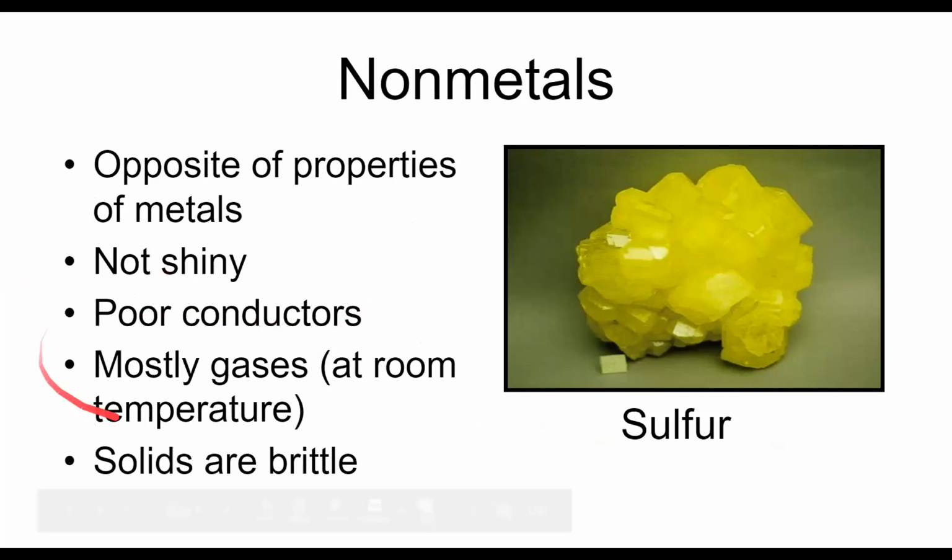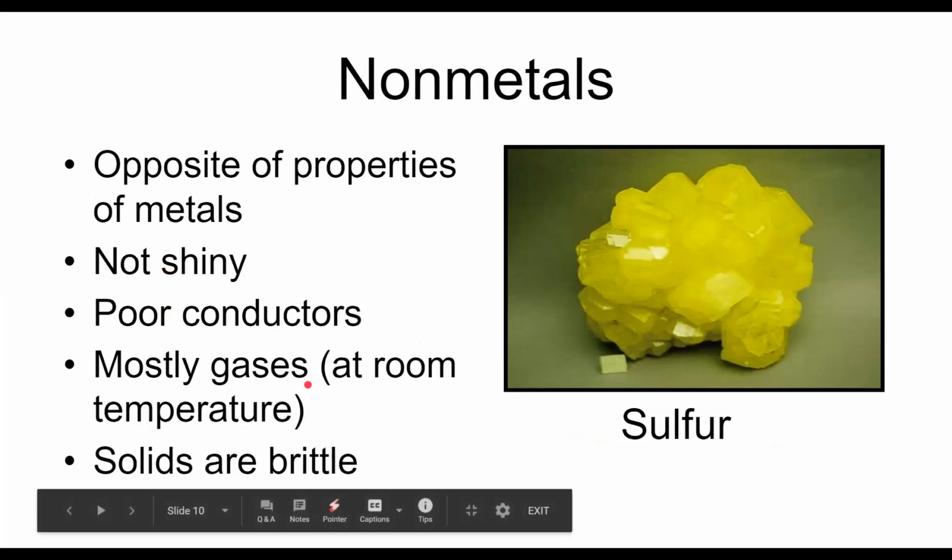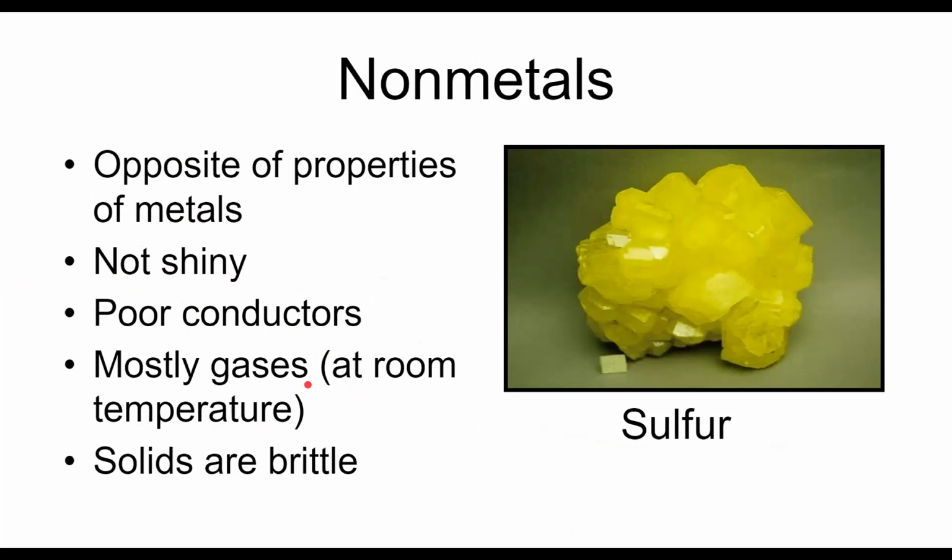They are mostly gases at room temperature. So things like oxygen, nitrogen, chlorine, helium, hydrogen. All of these are gases, and we think of them for the most part as gases. We have to get them really, really cold in order to get them down into their liquid form.